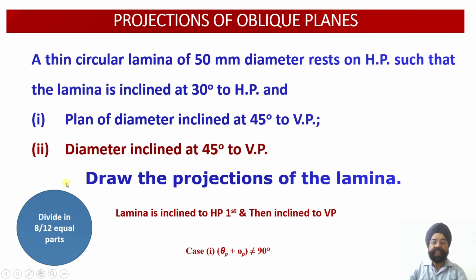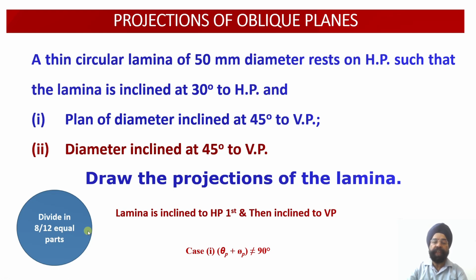Now in this case, since we have to draw a circle, there is no problem regarding orientation of this circular lamina. So straight away you can draw a circle in the top view, but you can divide the circle into 12 or 8 equal parts so that whatever elliptical figure will be available in the front as well as in the top view, you are able to construct an appropriate elliptical figure.